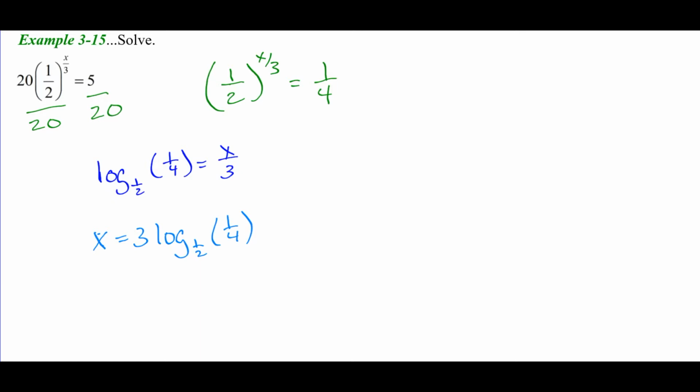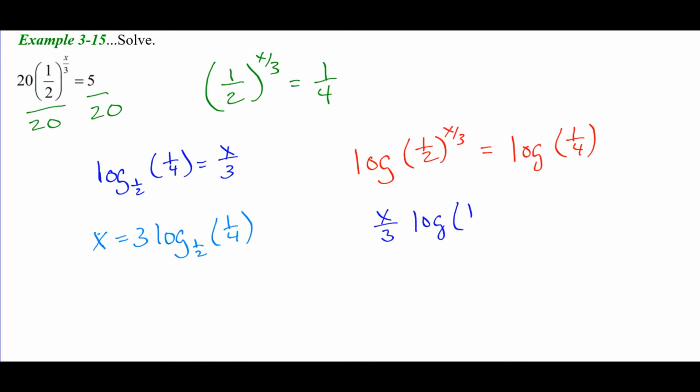If on the other hand we take the log of both sides, we can say this is log of 1/2 to the x over 3 power equals the log of 1/4, and then we'll get x over 3 log 1/2 equals log 1/4. Then we just have to do the rest of the algebra.